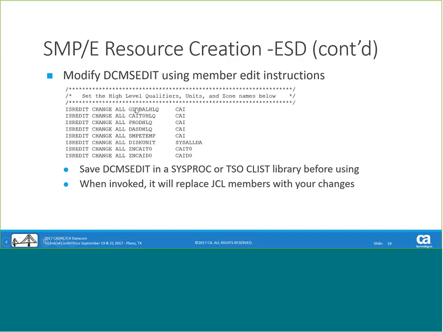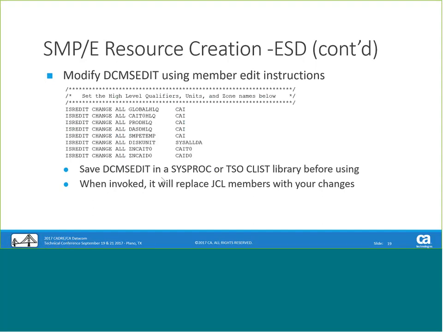But instead of having to type it over and over and over again or recall it and re-execute it, you can put it in this member and then just execute the member, and it will make all the changes at one time to each individual member as you're preparing to submit it. So that's why you need to save it in the sysproc or TSO CLISTs so that you can then execute the macro in the command line, and it will change each of the install members universally so that you can then submit.